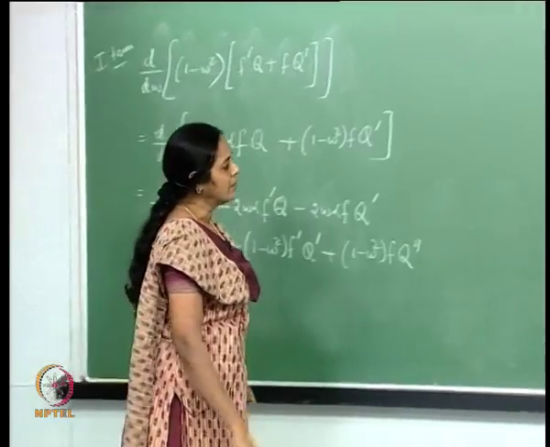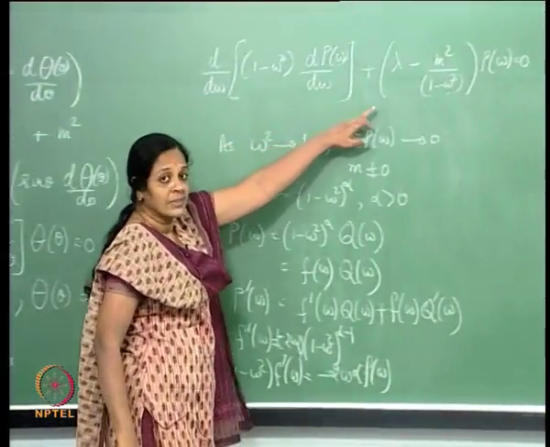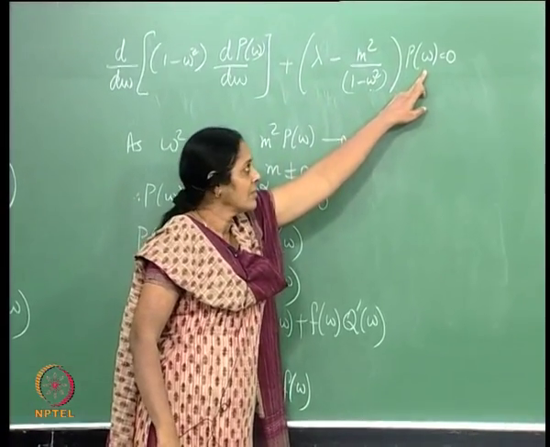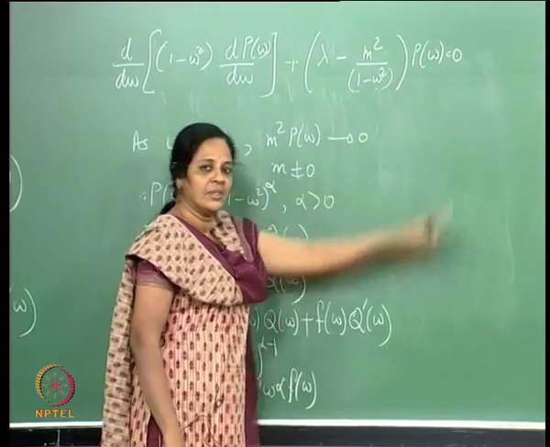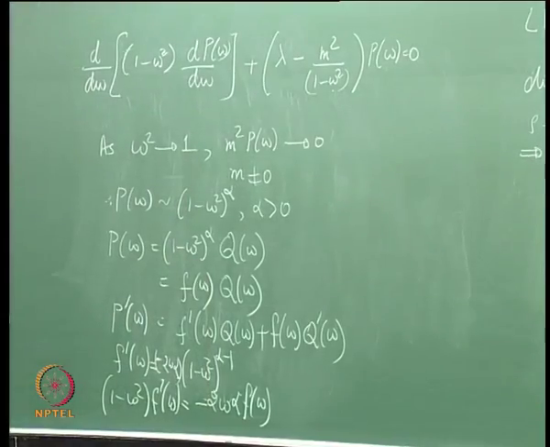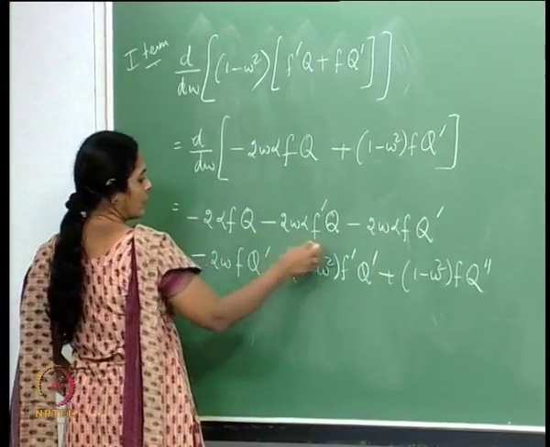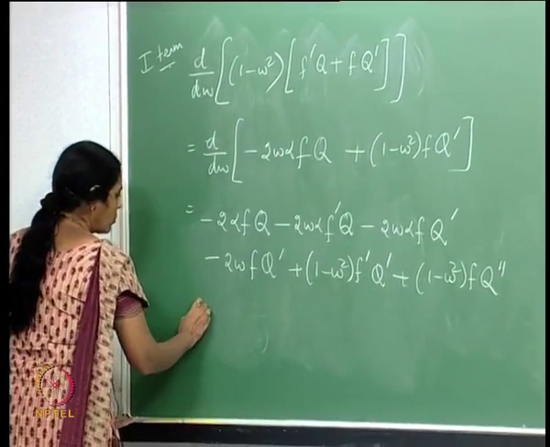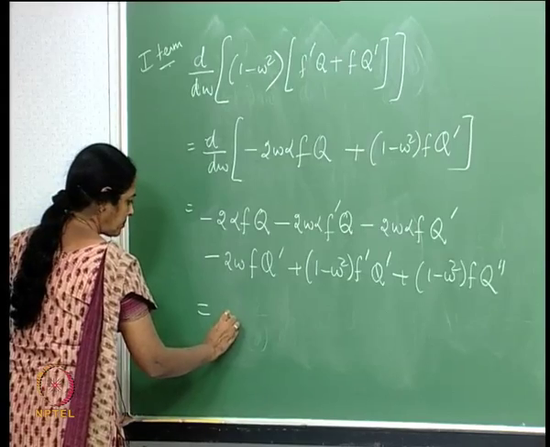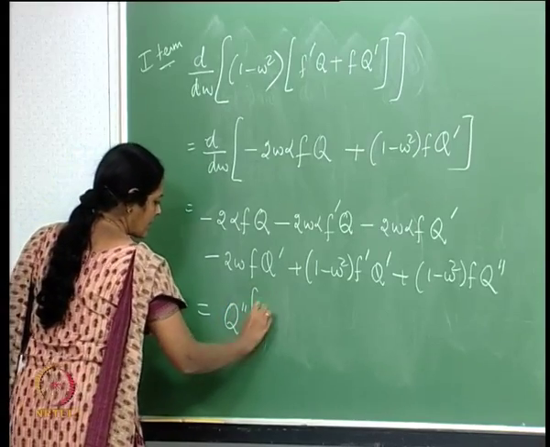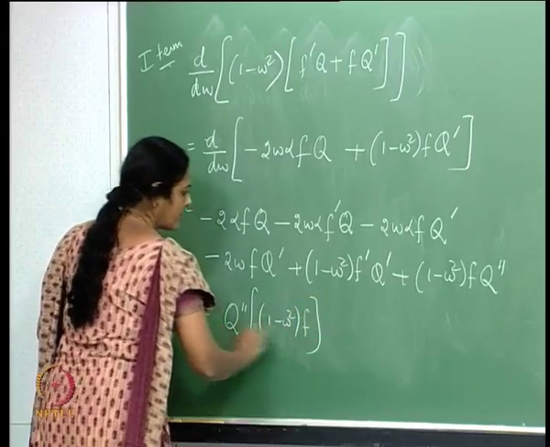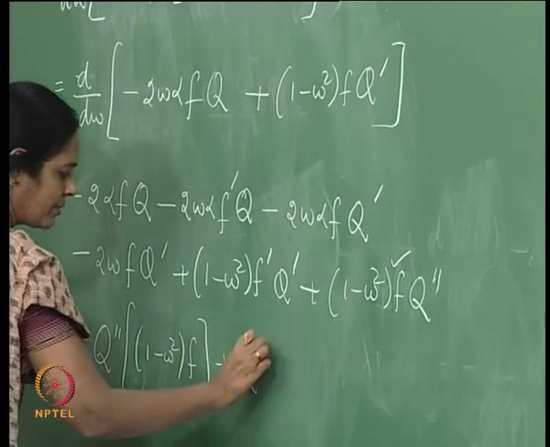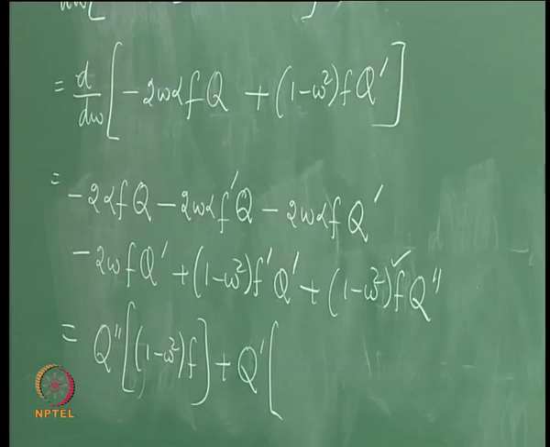Now there are only two terms here, and since the second term just has p of w, no derivatives, this just has an f q here, there is neither q prime nor q double prime. It's clear that the q prime terms and the q double prime terms come from here. So this can be written as q double prime times (1 − w²) f, and that's all for q double prime. Let me group the q prime terms. Remember, prime is differential with respect to w.